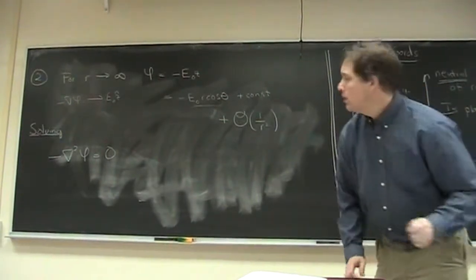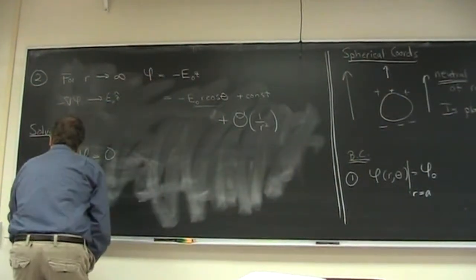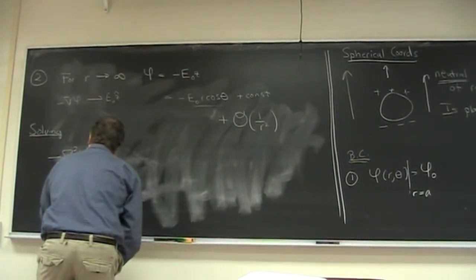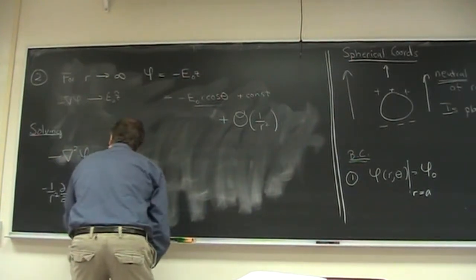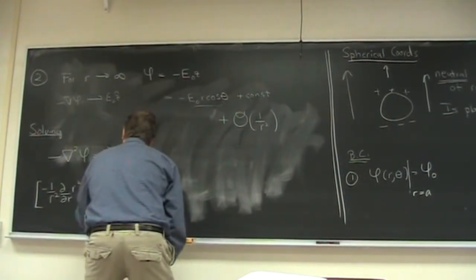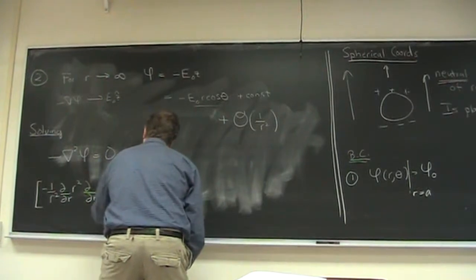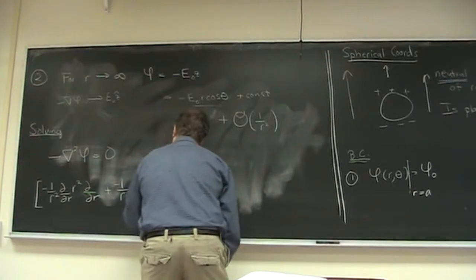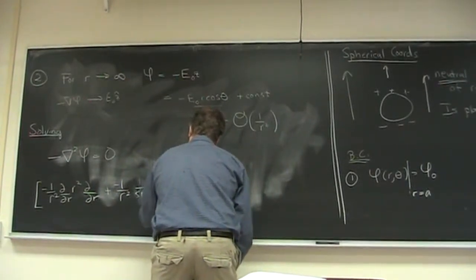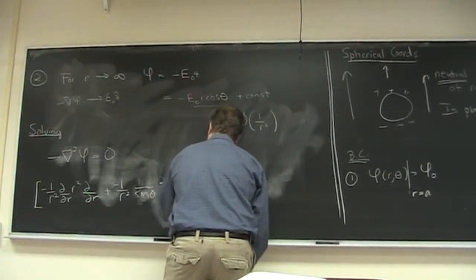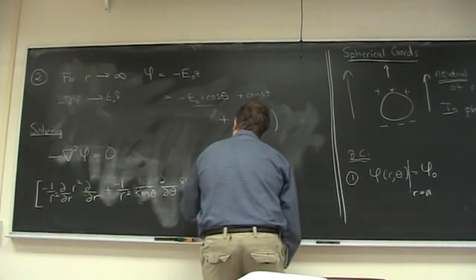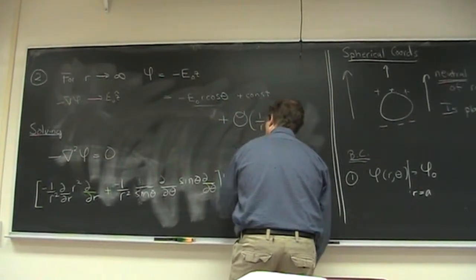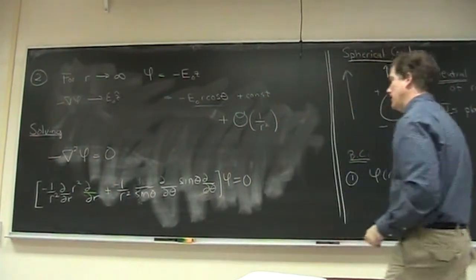So again, dependence here, so we get an equation for phi that looks like that.